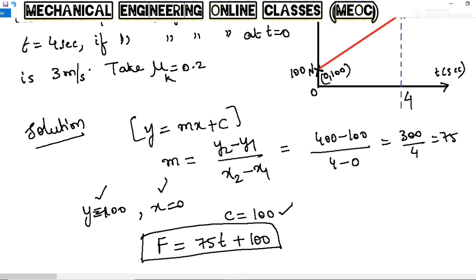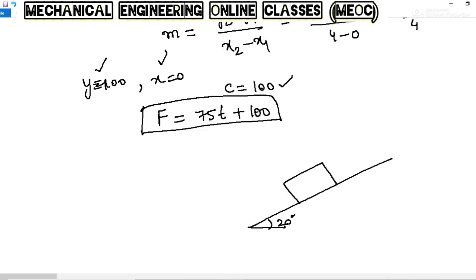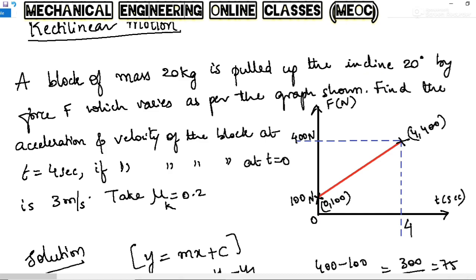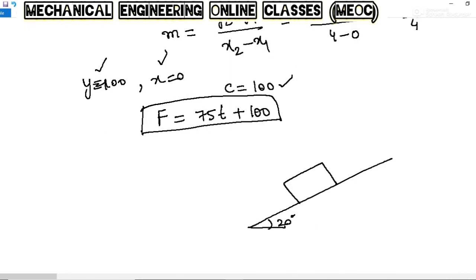Now let us draw the FBD of the block. The block is kept on an incline. The incline is at 20 degrees. According to the question, the block of mass 20 kg is pulled up the incline. The force used to pull this up is this F. It is up the incline.